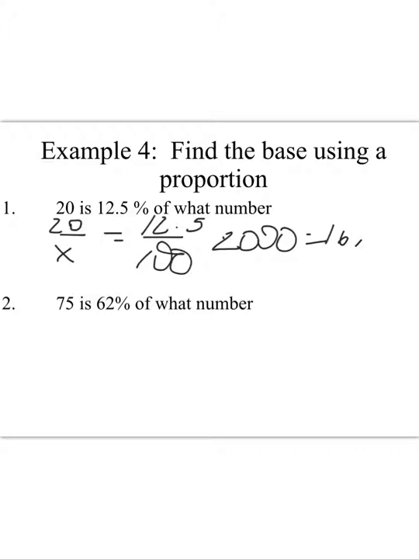Sorry guys, got myself confused. Divide each side by 12.5. So 2,000 divided by 12.5, and x is going to be 160.